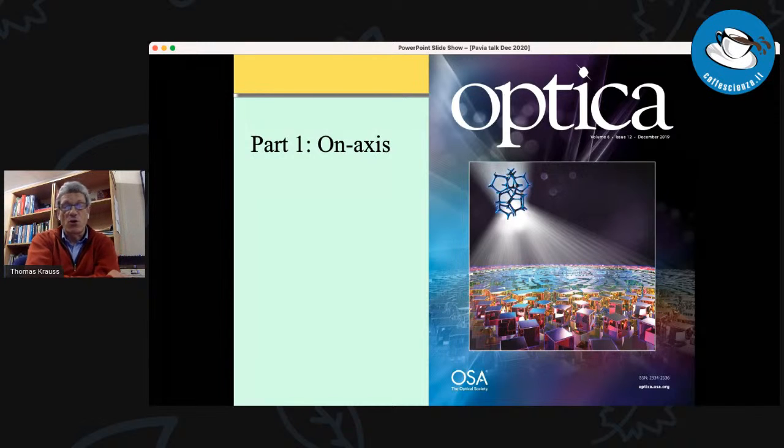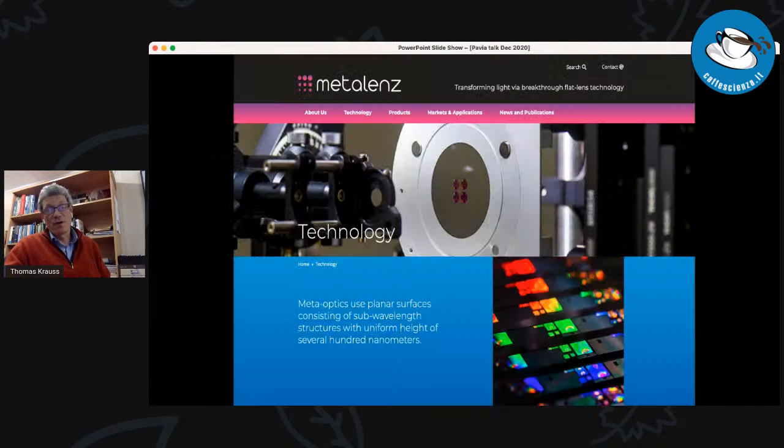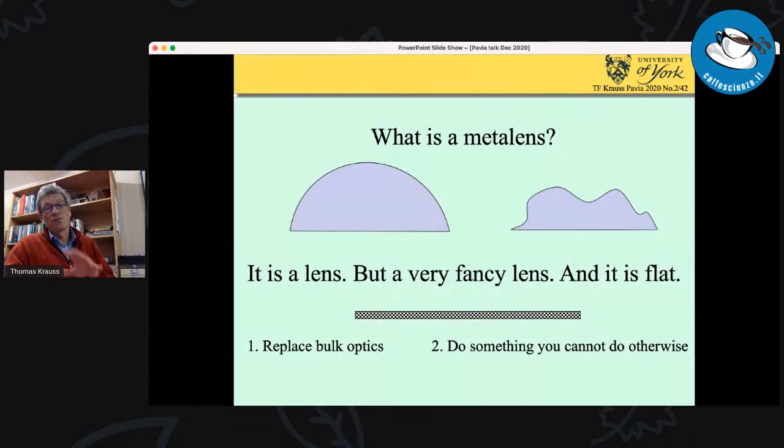One where I talk about on-axis, so you think about the paraxial photonics, where you're on the optical axis. And then the second part is off-axis, which is in fact what we're trying to emphasize in this picture on the front page.